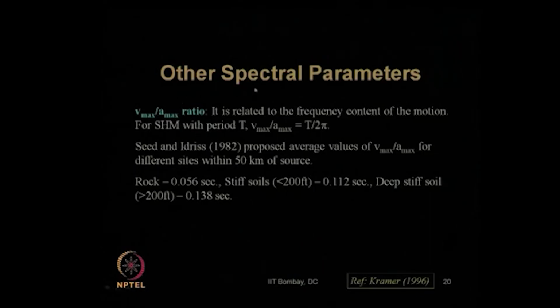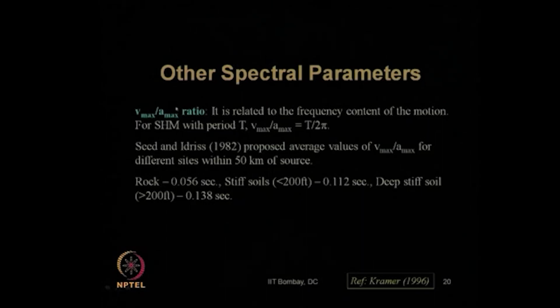Another very important spectral parameter is the Vmax by Amax ratio. This is important. What is Vmax? Vmax is the maximum velocity if you consider simple harmonic motion applied to a single degree of freedom system like a structure, as I have already discussed in the derivation.